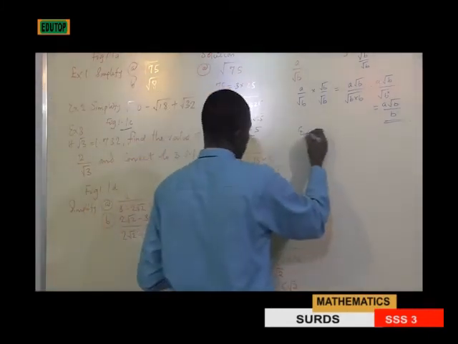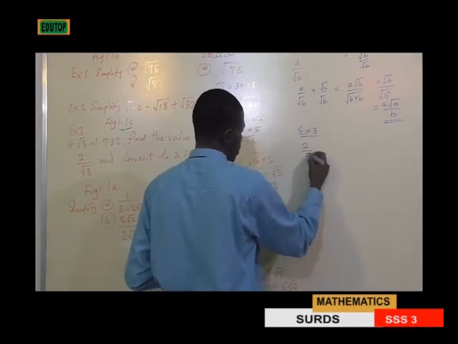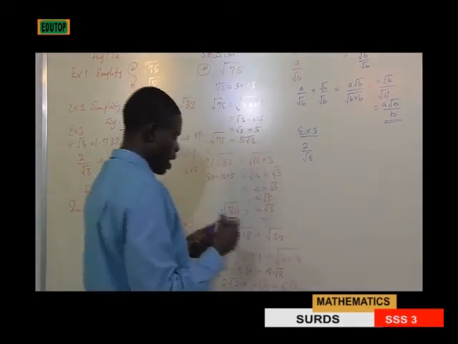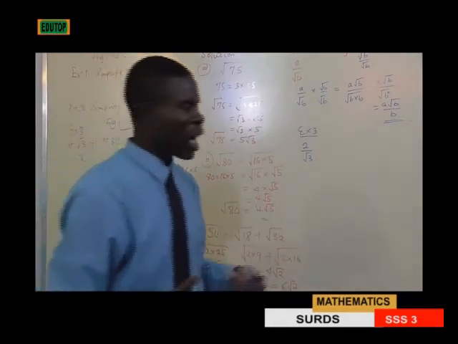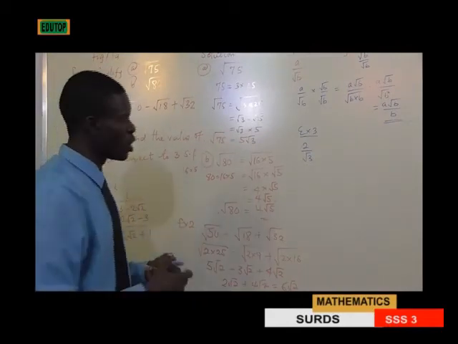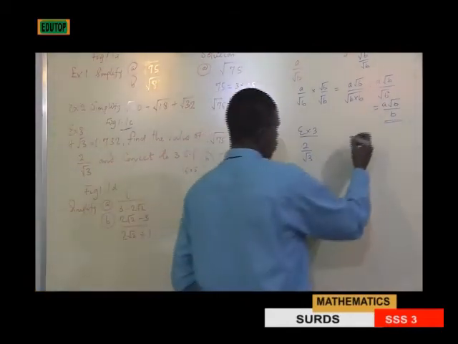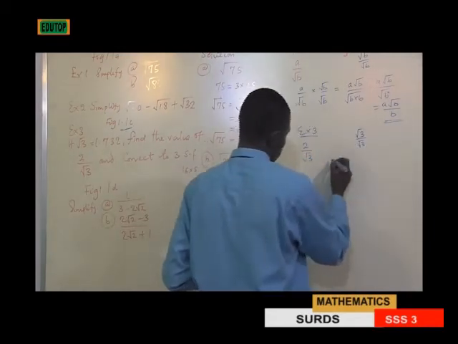So if you are to attend to this example, we can't use any other concept rather than the concept of rationalization. Since we have seen from the question that it is the denominator that has a surd, the first thing we have to do is look for the fraction of that denominator and use it to multiply it. And that is the concept.